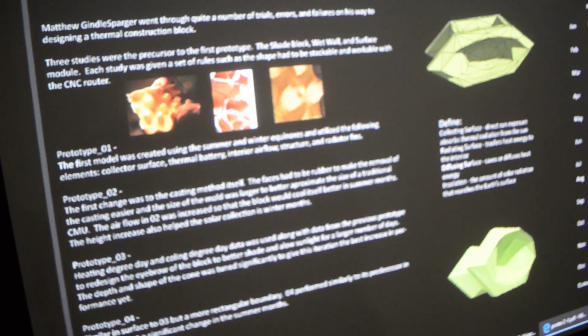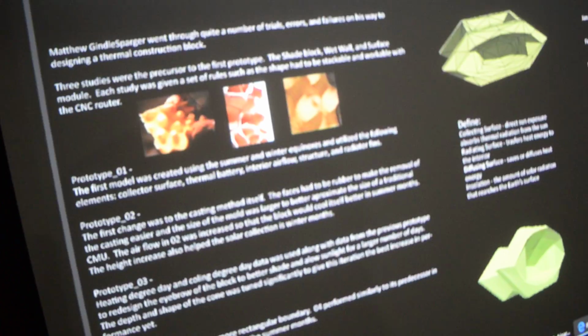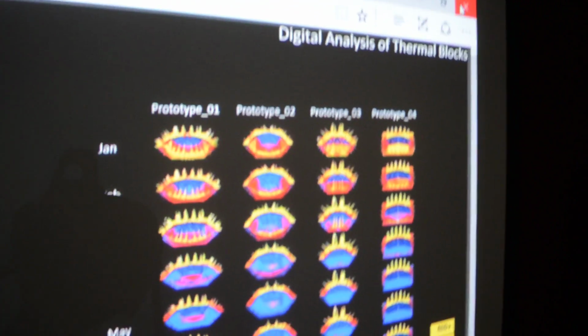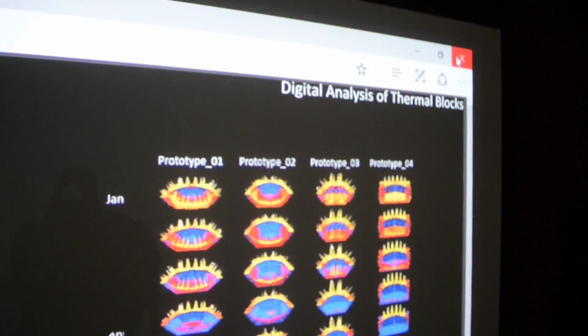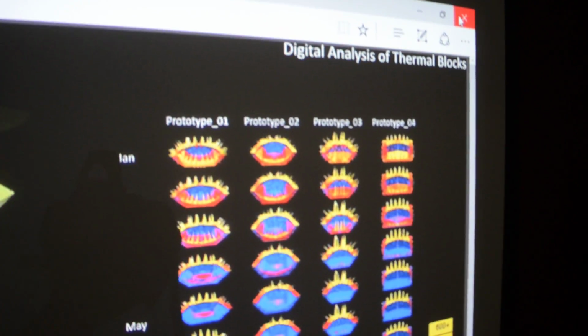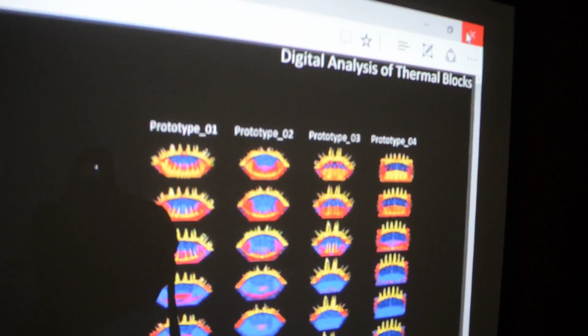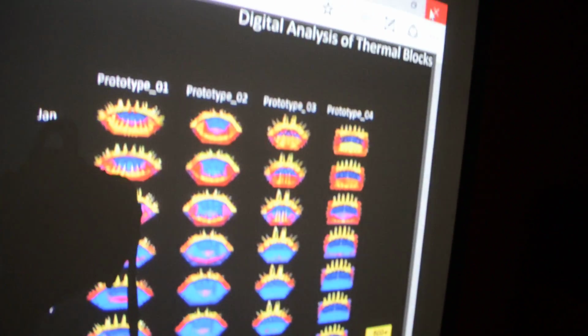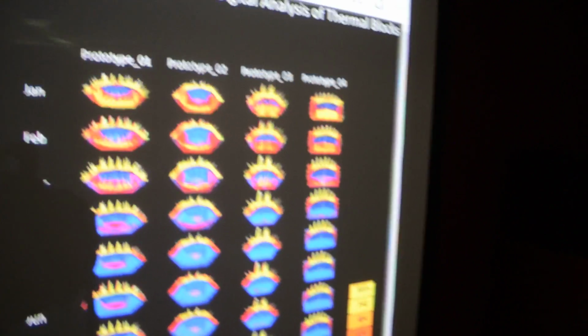Between 3 and 4, the blocks really changed, as you can see in this area. So between 1 and 2, not much change. Between 2 and 3, they became very much more efficient. And between 3 and 4, they changed the shape to more replicate a common block unit that we're used to in construction.